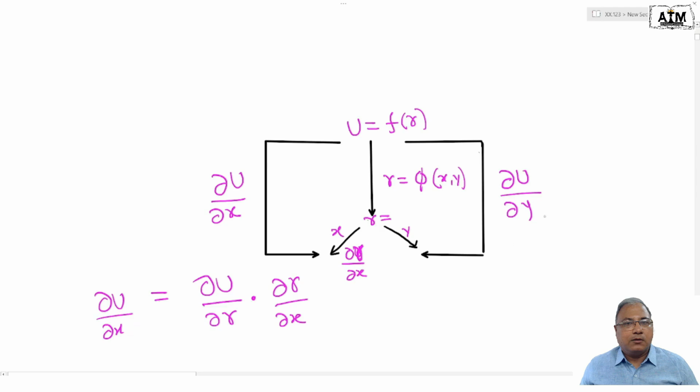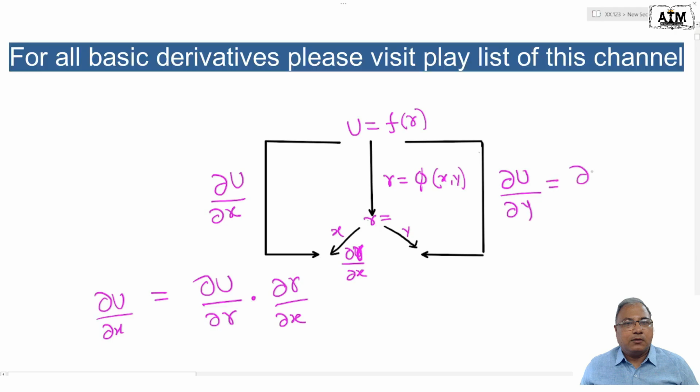Or you wish to find partial derivative of u with respect to y. First you have to find out partial derivative of u with respect to r, because u directly depends upon r, but r depends upon y. Therefore the partial derivative of r with respect to y.